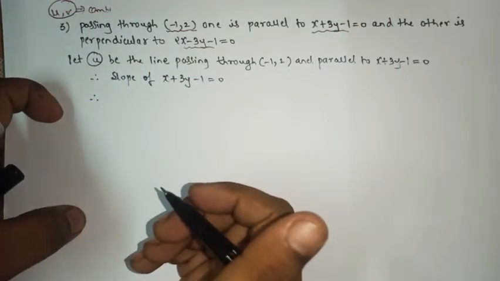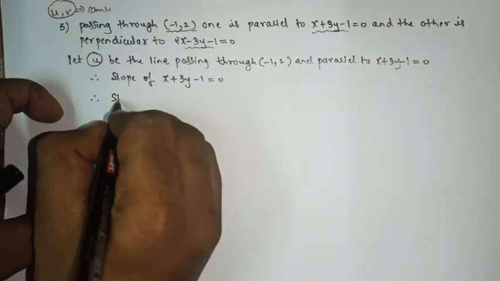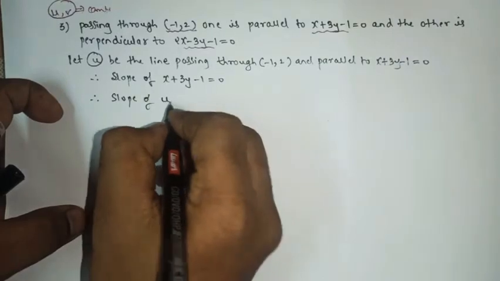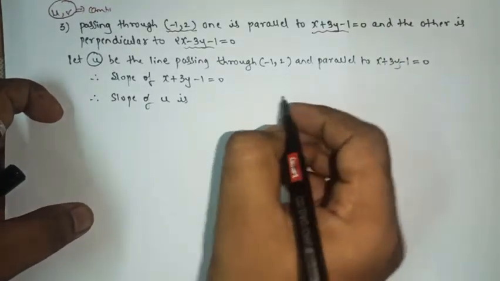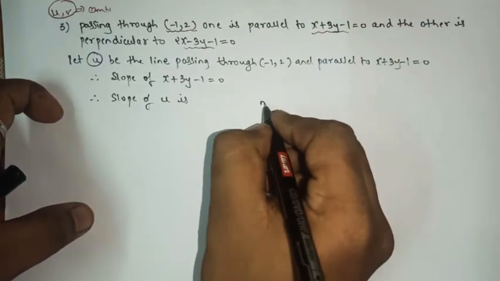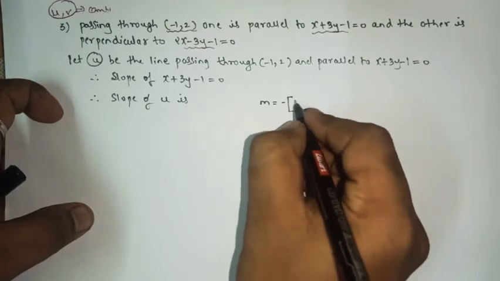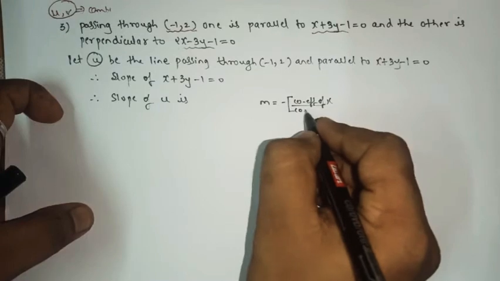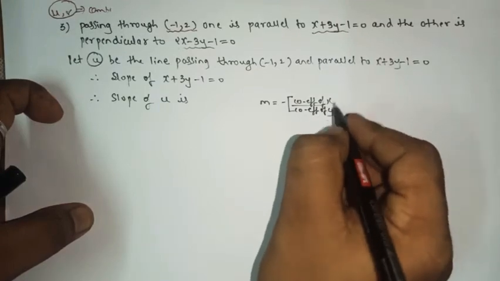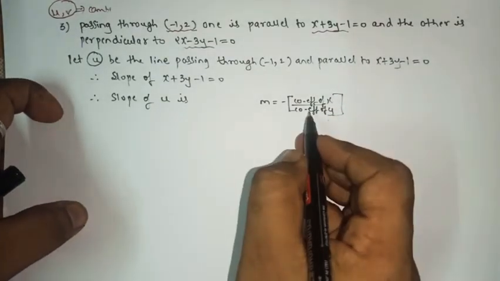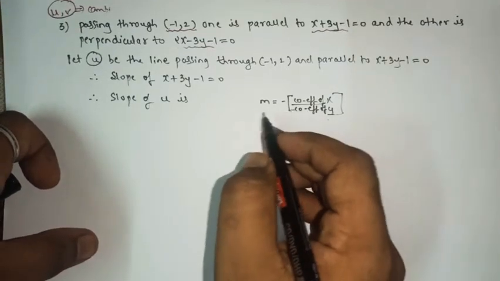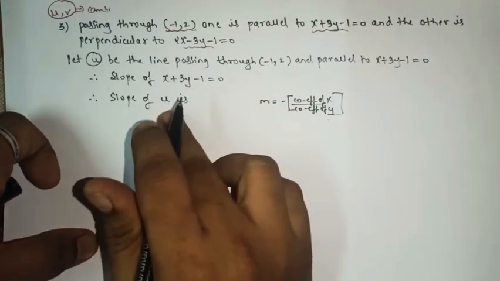So now the slope of u is, using the formula m = -(coefficient of x)/(coefficient of y). Here no need of writing or showing this formula. It is understood that we are applying this formula to find the slope.